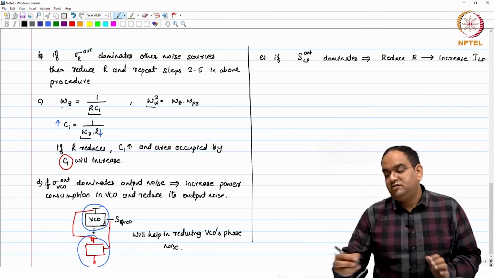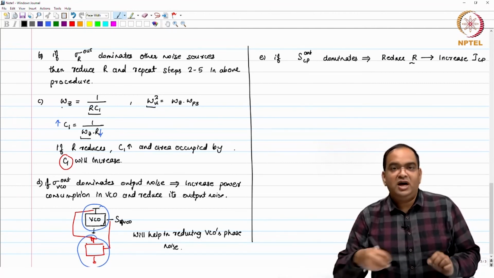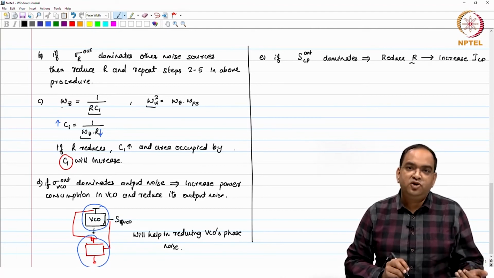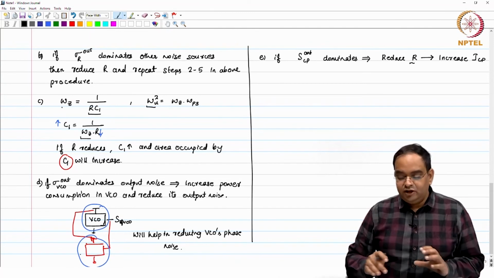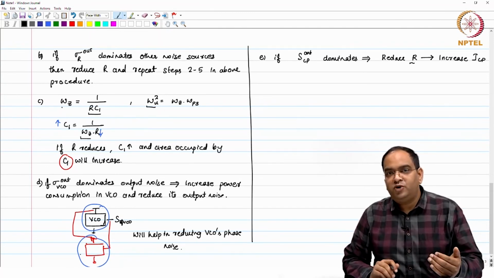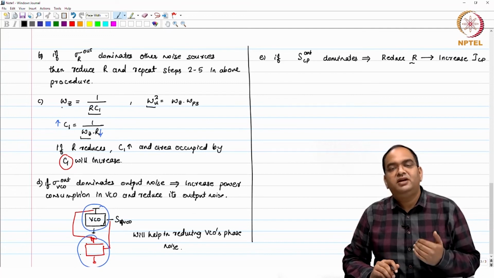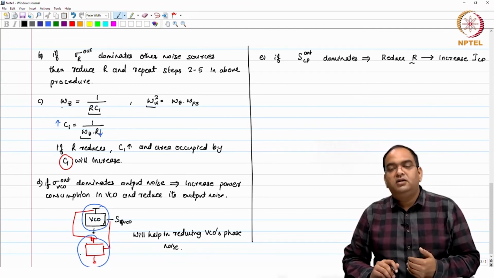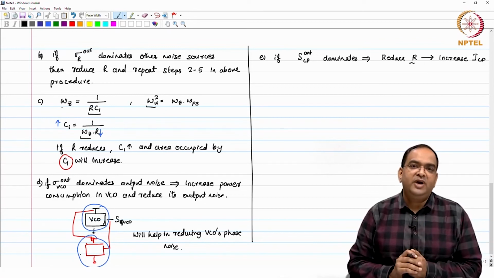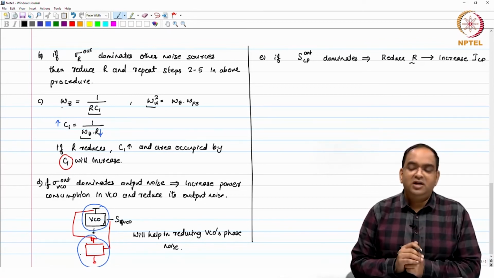As you reduce R, you have to recalculate C1, C2 and everything. The charge pump current is surely going to be larger and the charge pump noise will be lesser. So, based on which noise is dominating your output noise, if you are not meeting the requirements, you can target that and get the new jitter versus bandwidth plot such that you meet all the requirements.